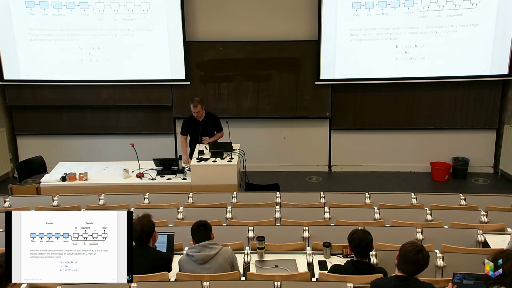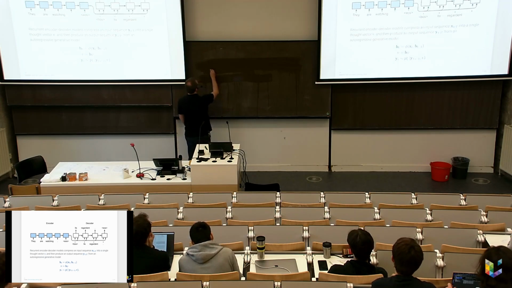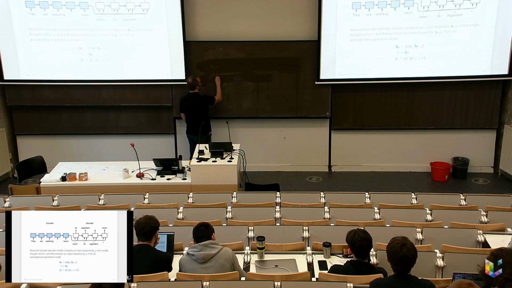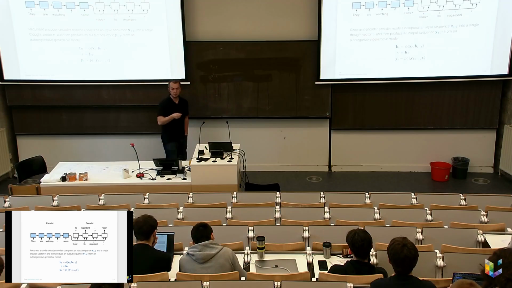So the big issue is that we are taking as an input some sequence of size t, which effectively means you would have a big tensor of size t times some number of channels that we use to represent each token.